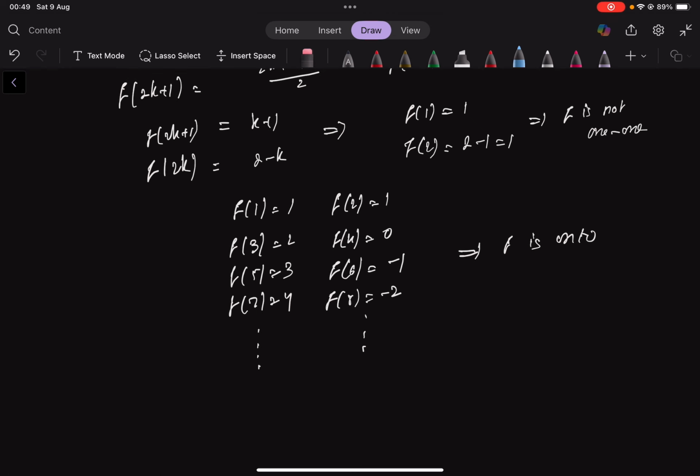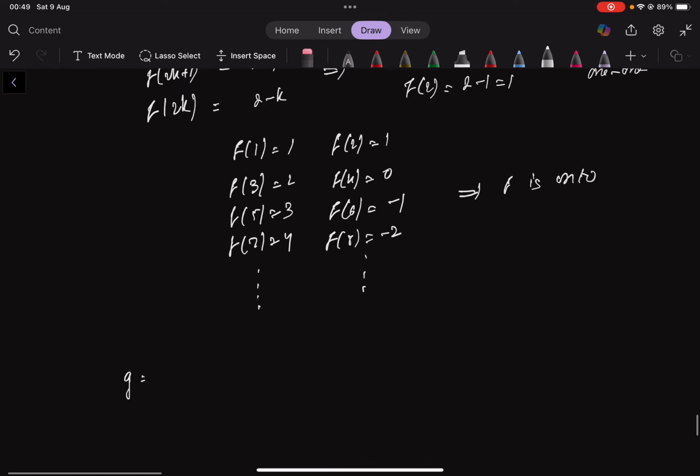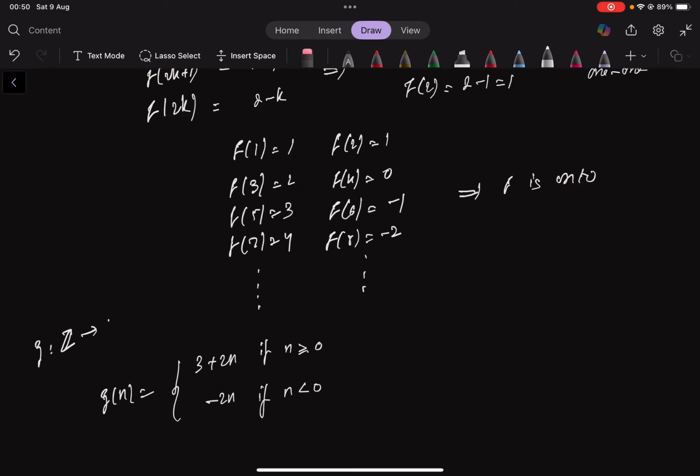Now, if we consider g, g of n is 3 plus 2n when n is greater than or equal to 0, and minus 2n when n is less than 0. So g is from integers to natural numbers.